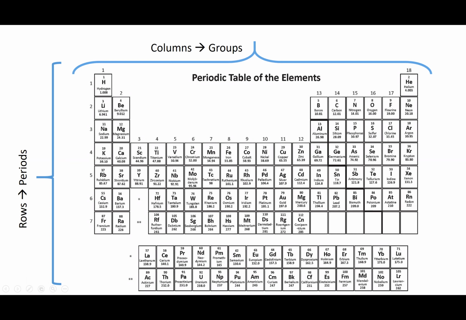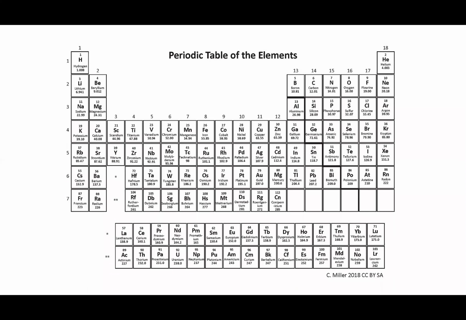To determine the number of valence electrons for an atom, we just have to look at which column it's in. All the elements in the first column, the first group, have 1 valence electron.